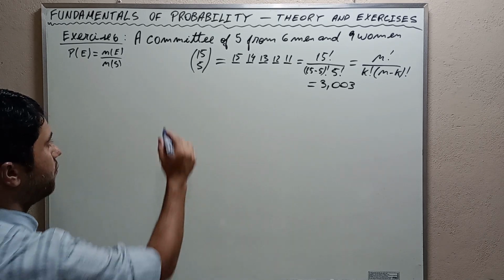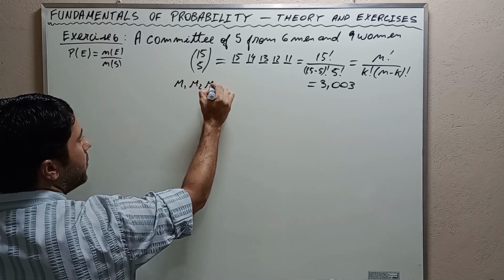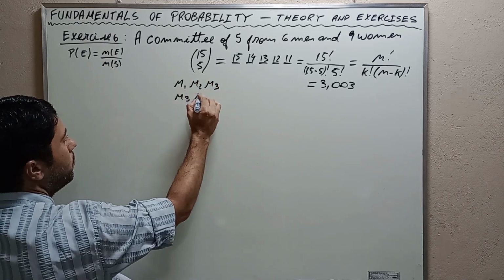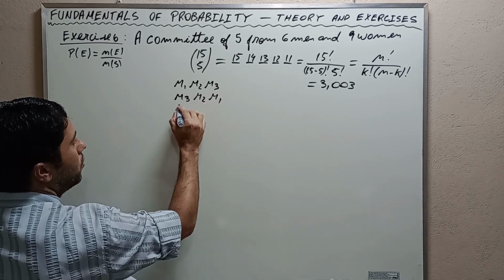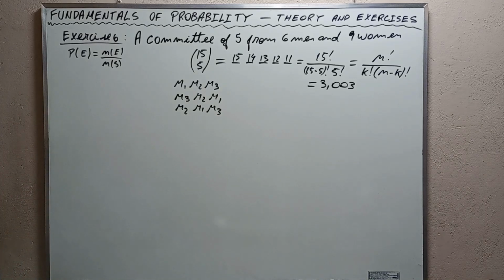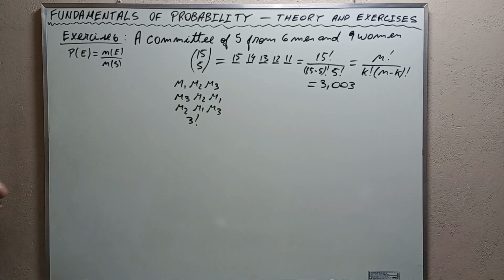Observe that from these 3 men, men 1, men 2, and men 3 is equal to men 3, men 2, and men 1, or men 2, men 1, and men 3, okay? So there will be 3 factorial repetitions of the same group of men.